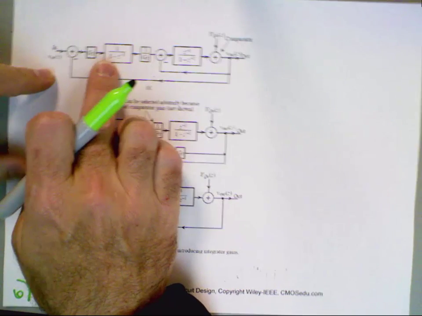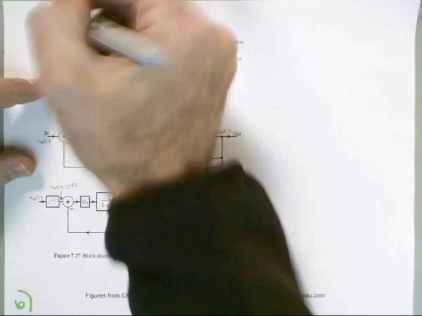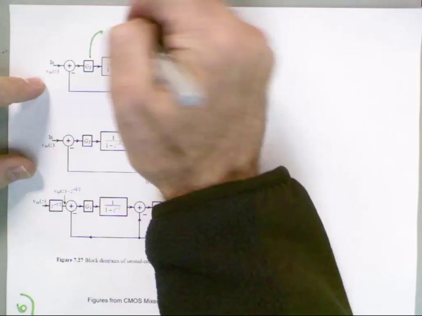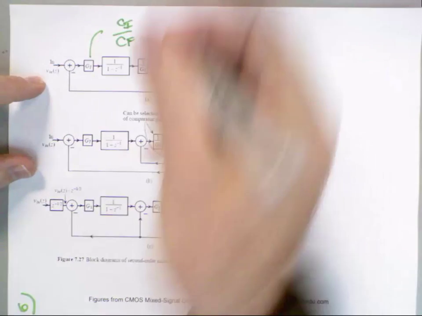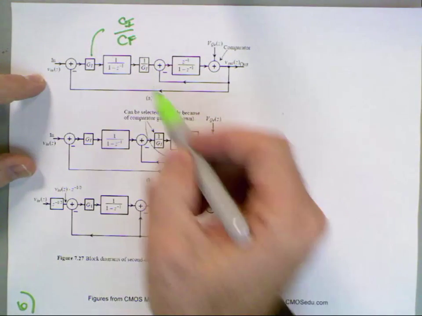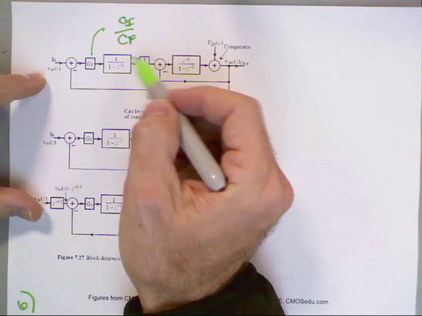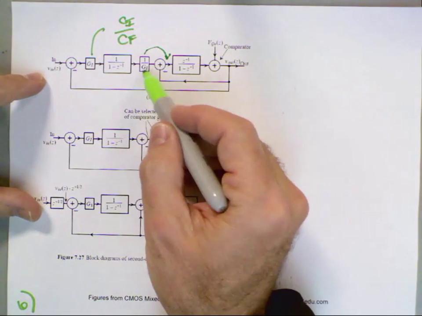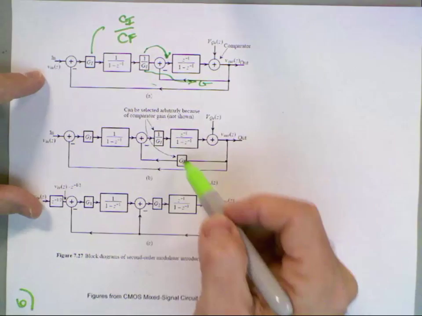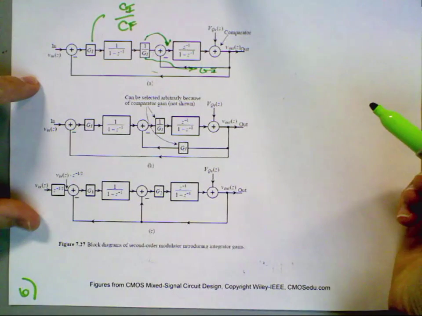So just tell me, what is the GI in a simple switch capacitor? Yeah, CI over CF. So I'm just writing it as there's GI, there's 1 over GI, so it's exactly the same. Then I push that through to the next stage, and when I push it through from here to here, I have to also push in a G here so that the overall effect of the feedback signal is 1, G sub I, so this is what I have. But what am I not showing here?